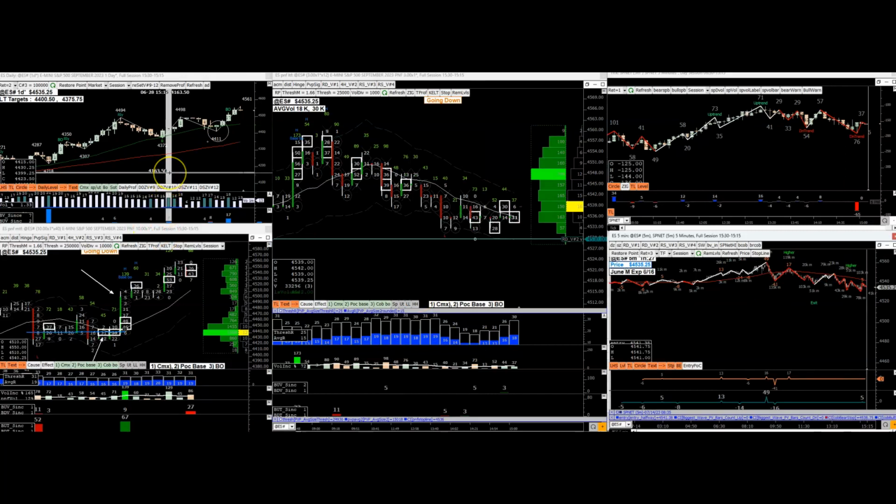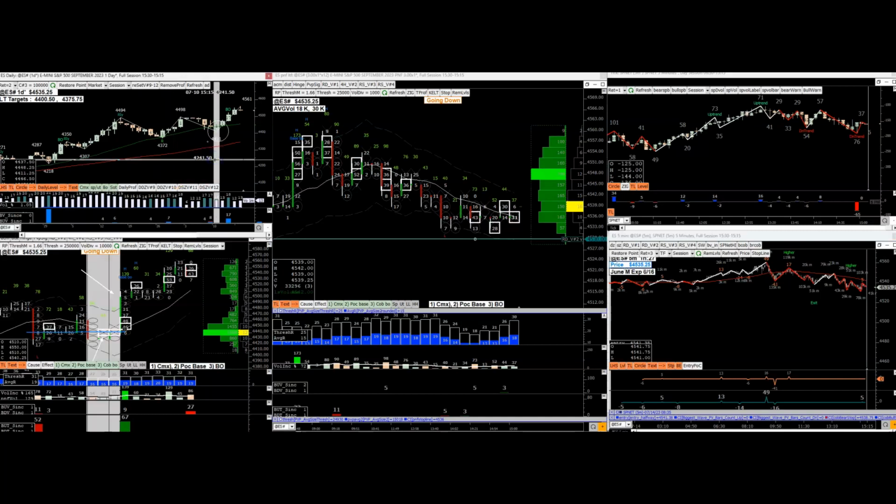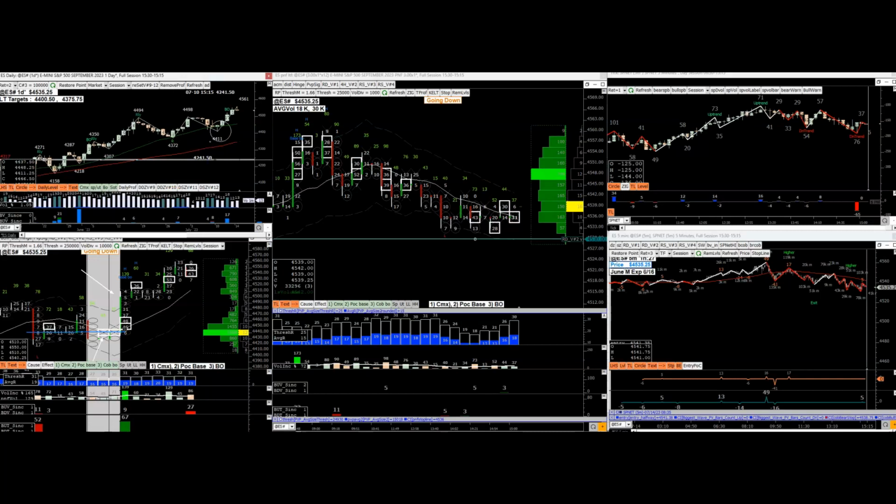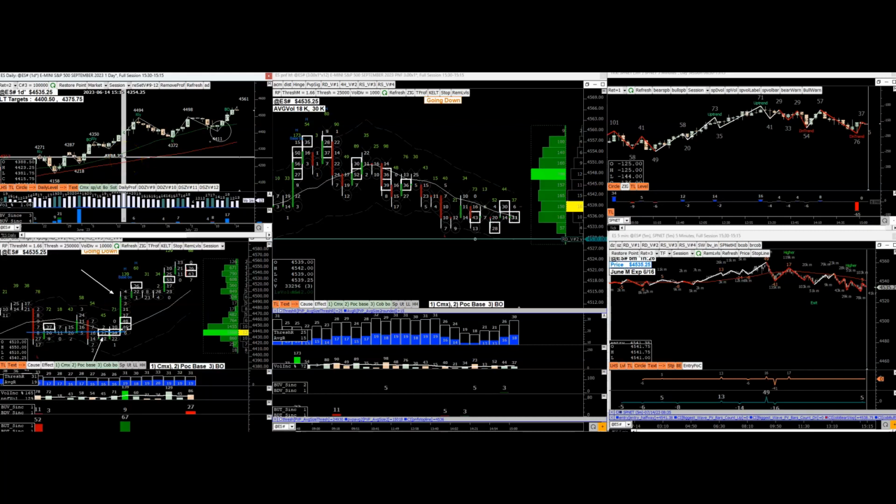Anyway, what I wanted to do was go over the last reaccumulation, show you very clearly how the last reaccumulation on a pullback on the daily occurred, and basically what you should be looking at when you're trying to buy a pullback.